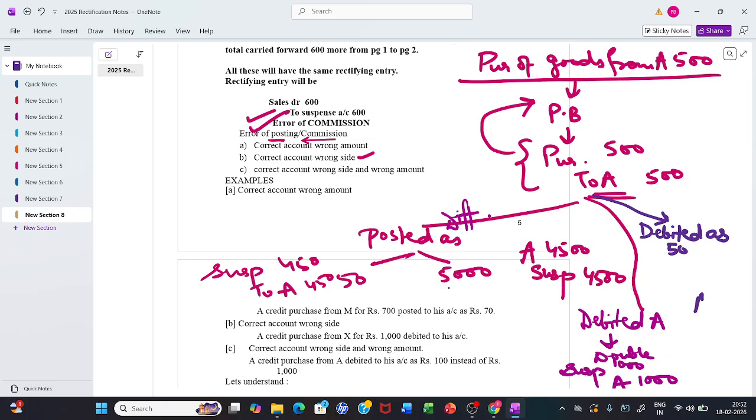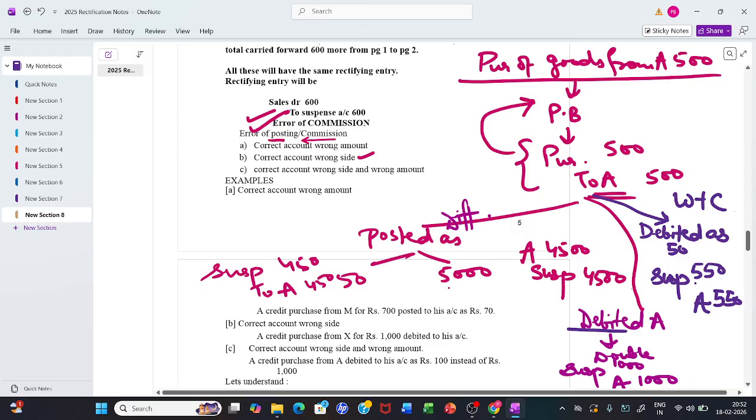In that case, put A on the correct side, debit suspense, and take the wrong plus right amount. This was double. This is wrong plus correct amount. Suspense to A, entry to be passed with 550 rupees.